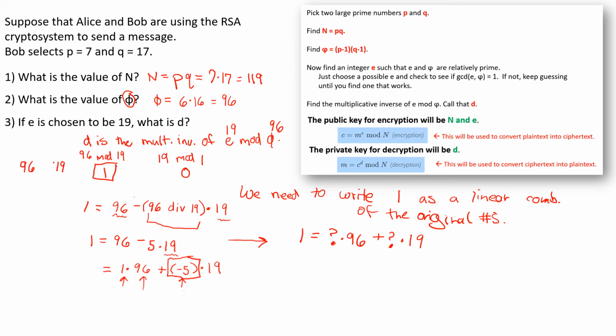Now, here's where we need to be careful. Originally, when we were talking about finding this linear combination, we called the first number s and the next number t. Now, here, though, s is important because remember, we're going to find that multiplicative inverse by taking what we called back in that earlier lesson, S mod n, right? S mod n. So the key to finding this multiplicative inverse is knowing what's S and what's the mod n.